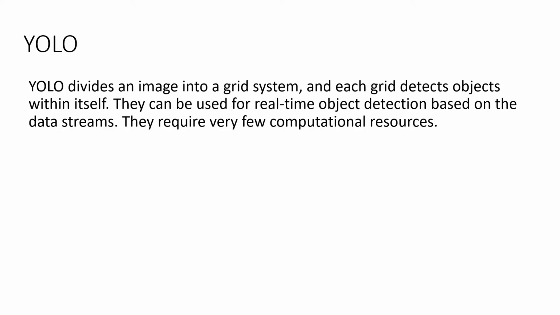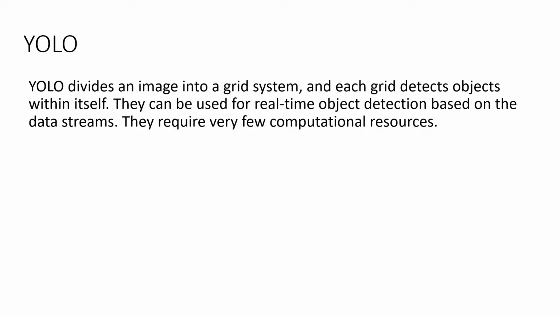In case of YOLO V5, instead of taking that single image, the whole frame as an input, it will divide that into different grids, and then it will try to detect the object within each grid.